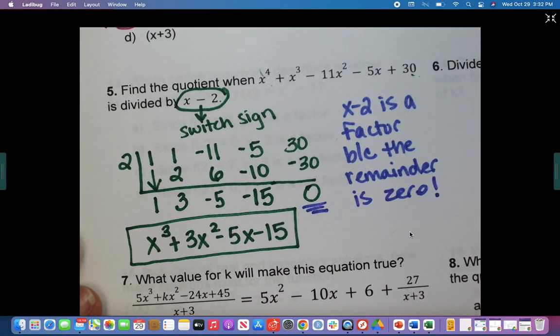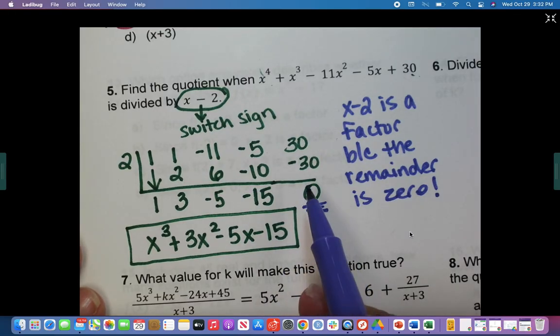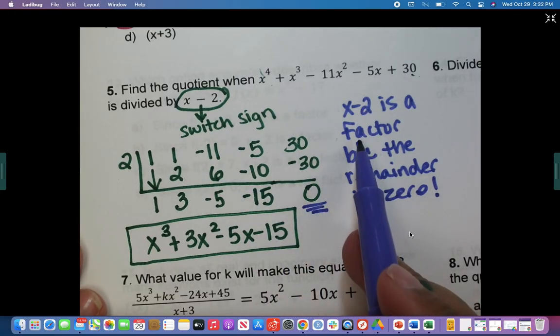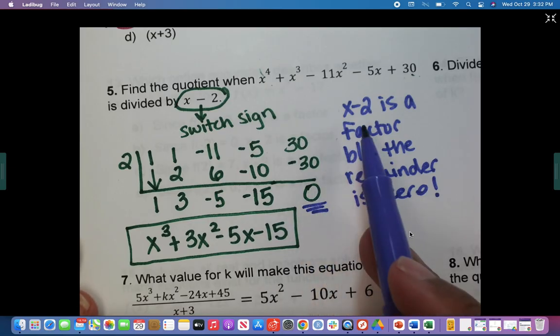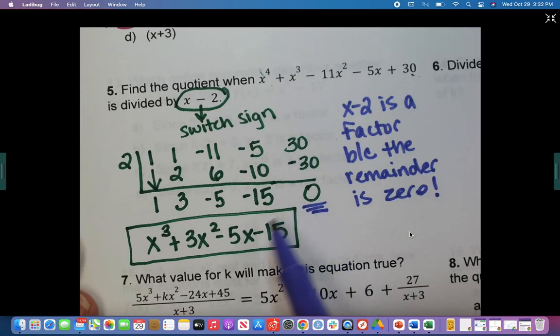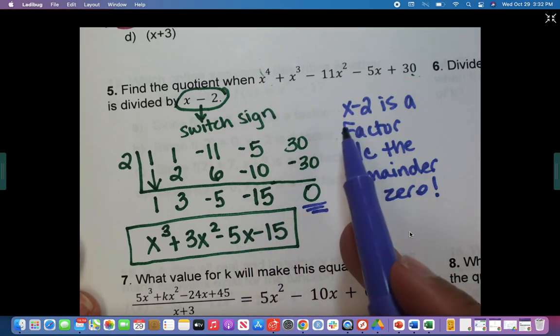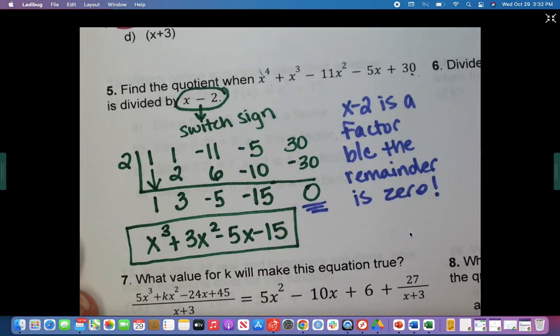So remember, remainder factor theorem. If you go through and divide, if your remainder is 0, that means whatever you divided by is a factor. If you get something other than 0, that means whatever you divided by is not a factor. So because this divided evenly, x minus 2 is a factor of this polynomial.